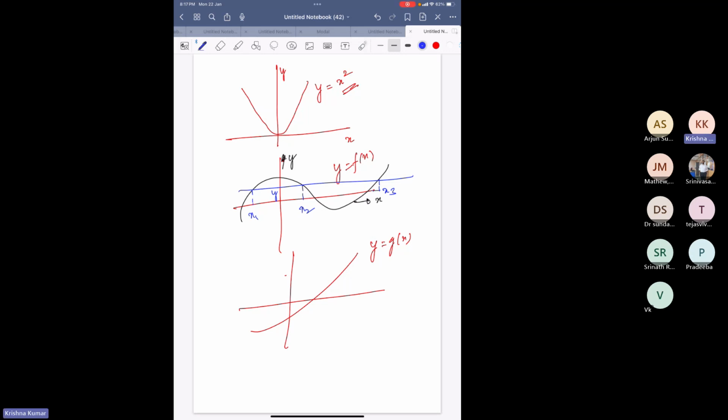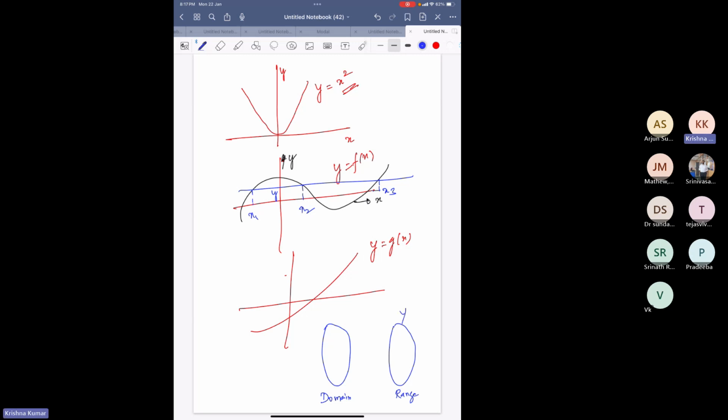Let me pictorially draw. Let us say that is the domain. What is the domain here? X, the domain. And range. What is the range here? Range is y.